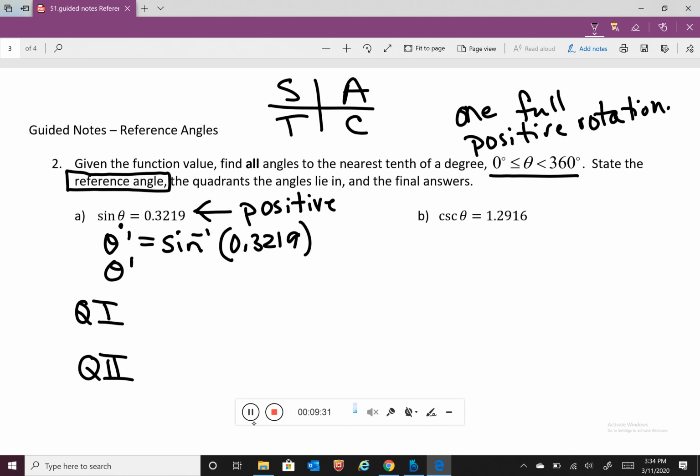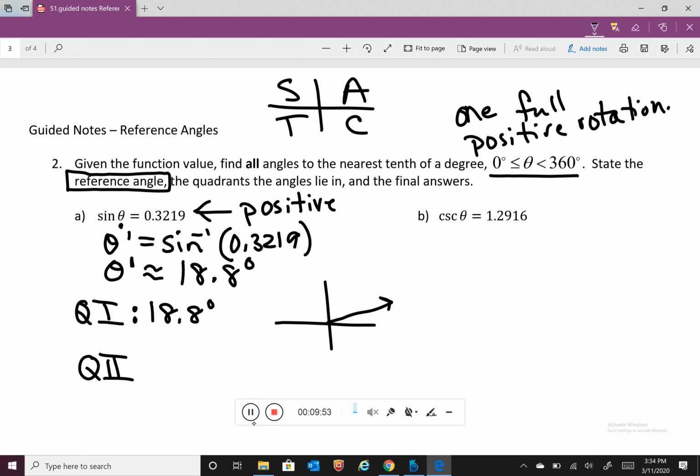And in our calculator, that gives us a reference angle of 18.8 degrees. And if we think about where 18.8 degrees lies, that is in quadrant 1. So that's our first answer.